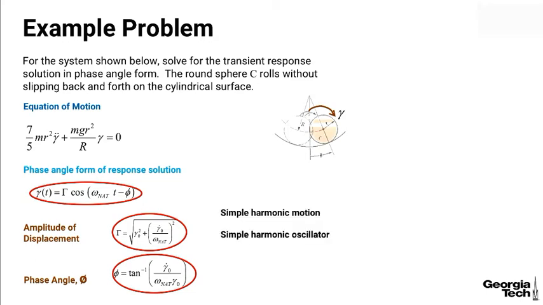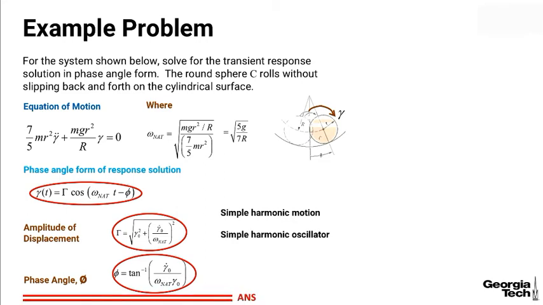And so this is another example of a simple harmonic oscillator, where omega natural now is the equivalent of the square root of k over m. And you see it there. I can reduce it a little, and it becomes the square root of 5g over 7 big R.